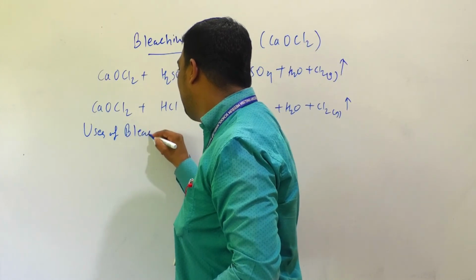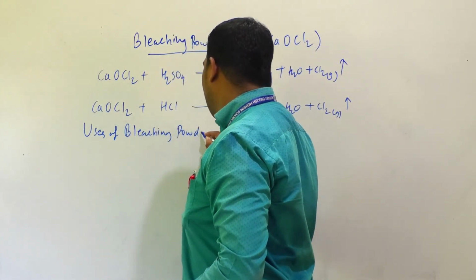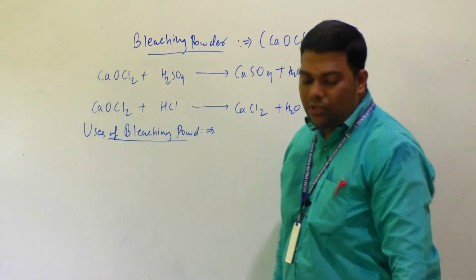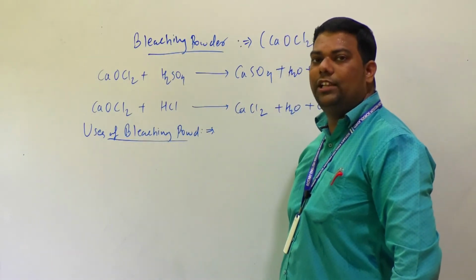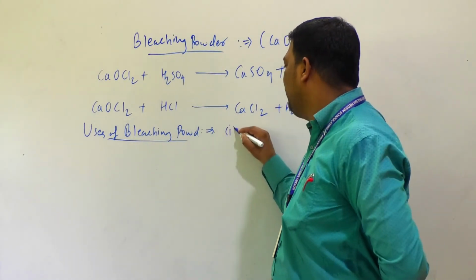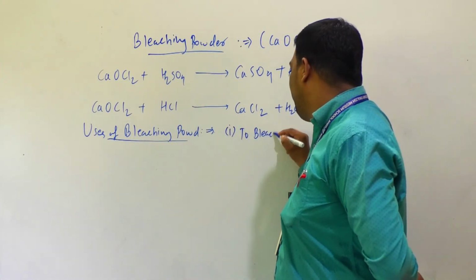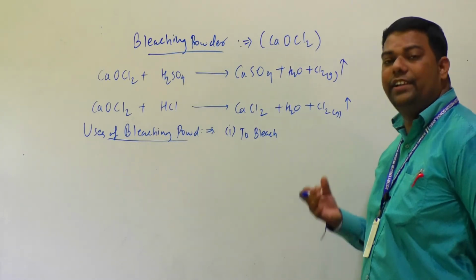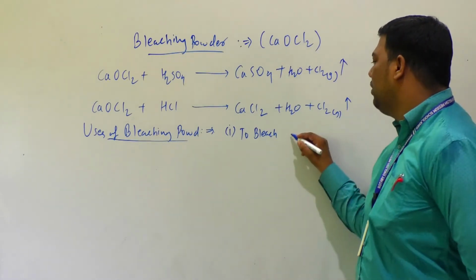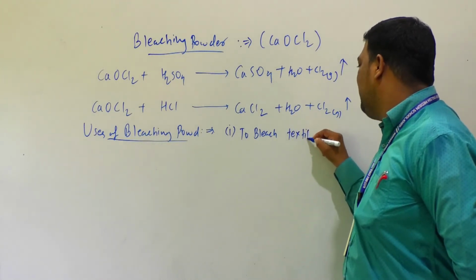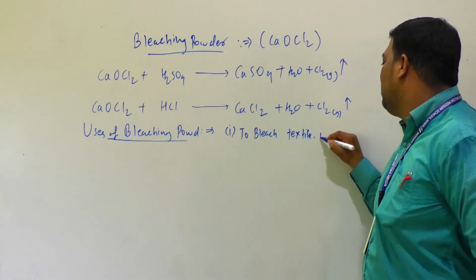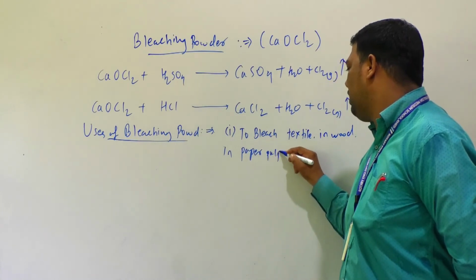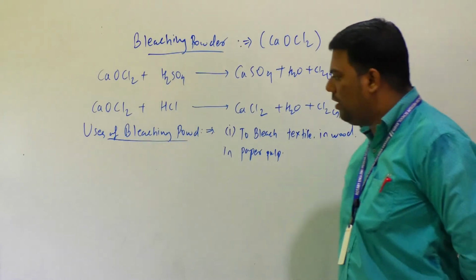Bleaching powder is mainly used, first, to bleach textile: to bleach cotton in the textile industry, wood, and paper pulp, whatever paper we are preparing. Understood?